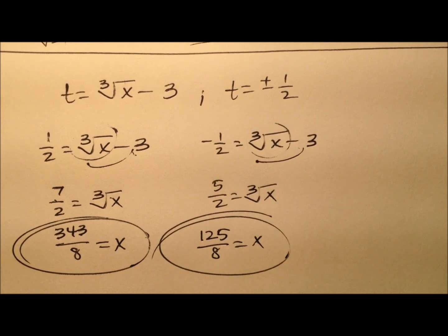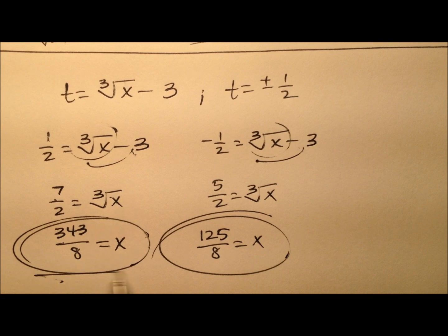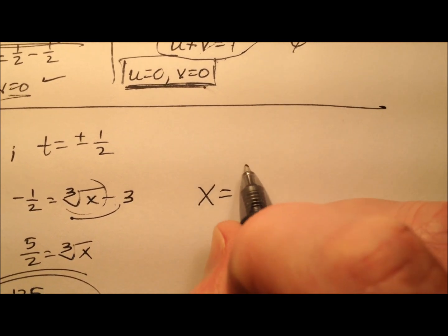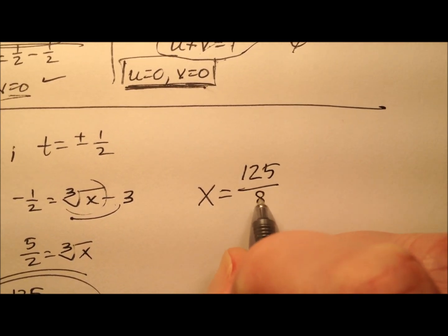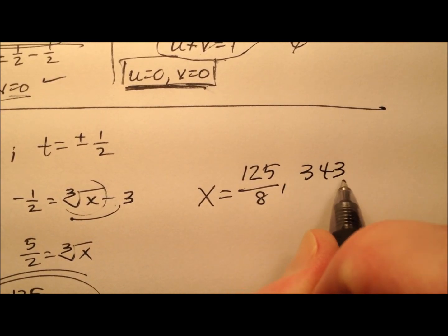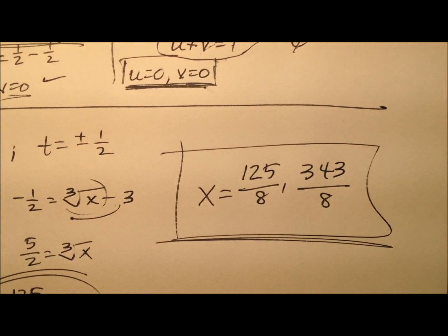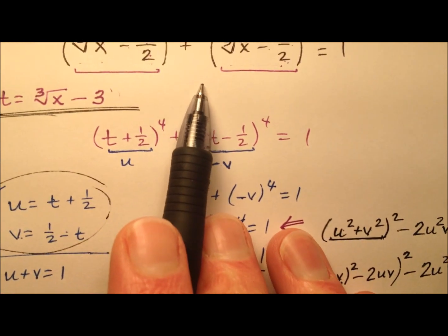So it seems like we have two values of x that are going to work, and I would encourage you as well to plug them in and make sure that they work. So x equals 125 over 8 and 343 over 8 are going to be the two solutions for this original radical equation.